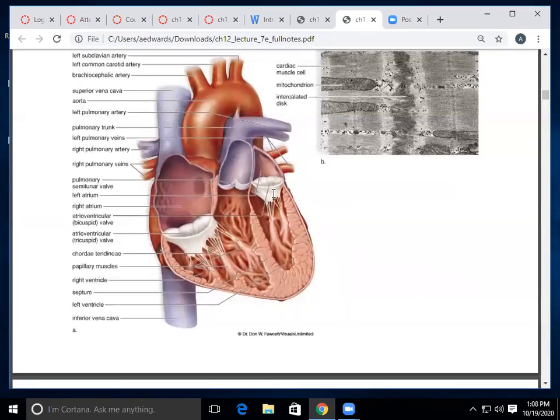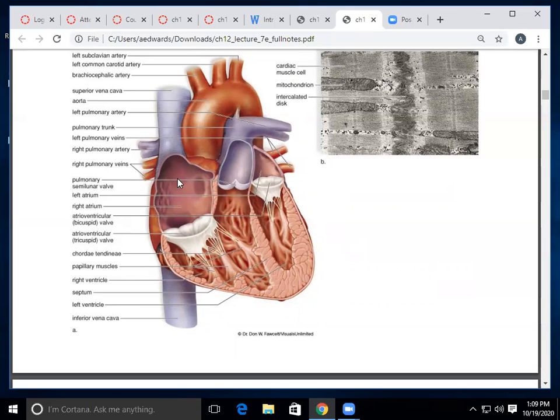All right, so here's a photo. This is the patient's left side, this is the patient's right side. Here's the right atrium.